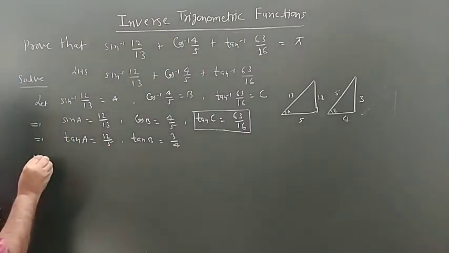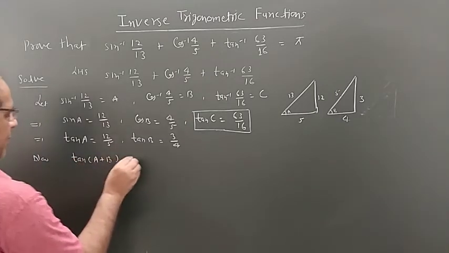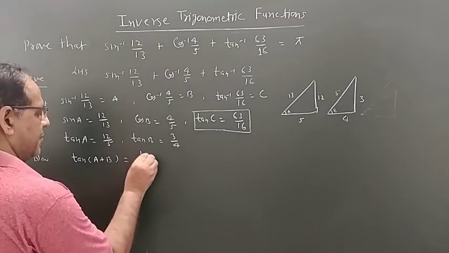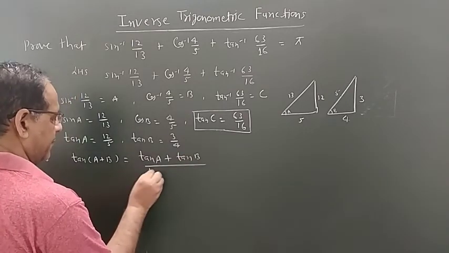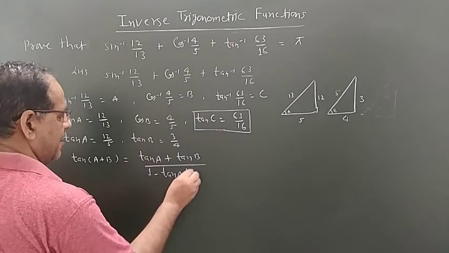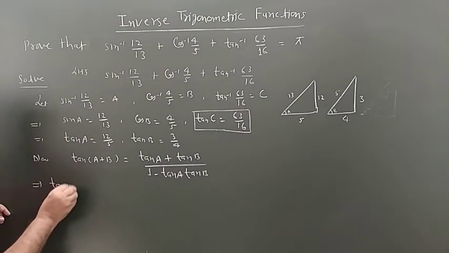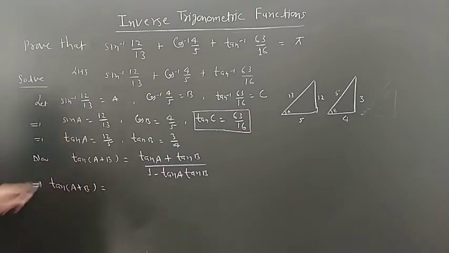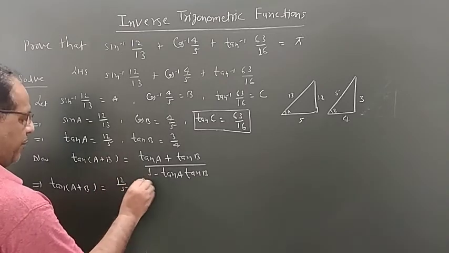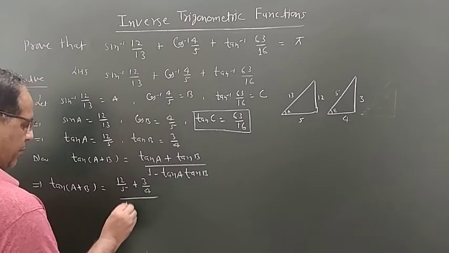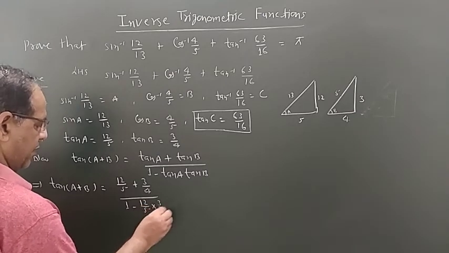Now tan of A plus B equals tan A plus tan B upon 1 minus tan A tan B. So the next step: tan of A plus B equals, the value of tan A is 12 upon 5 plus tan B is 3 upon 4, upon 1 minus 12 upon 5 into 3 upon 4.